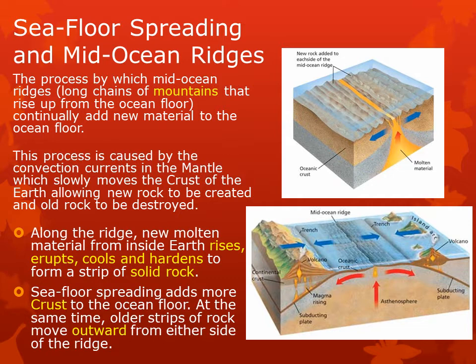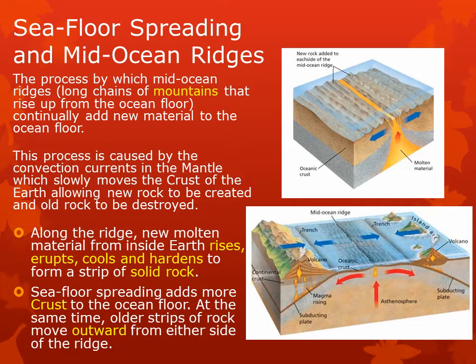Now this whole process is caused by the convection currents in the mantle. Remember, we talked about these a while ago, where you've got this hot material, the hot core and the mantle pushing up this hot material towards the surface.